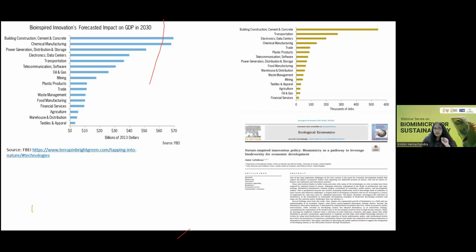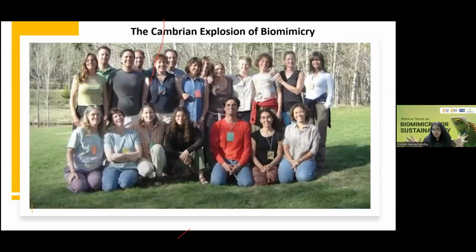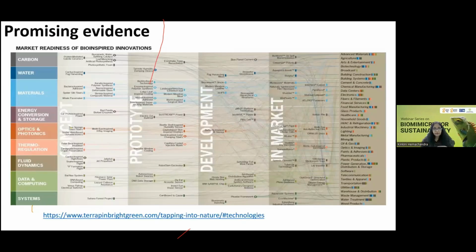So having understood this big possibility, this big sphere in front of you and me, a group of Cambridge University team tried to set up a biomimicry center, and we call it the Cambrian explosion of biomimicry. What they did was fascinating.